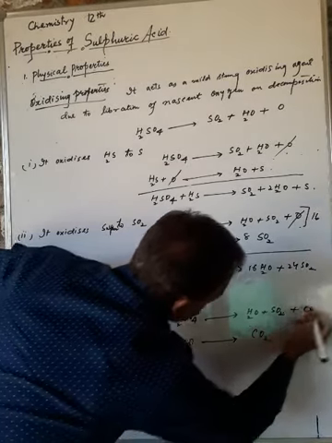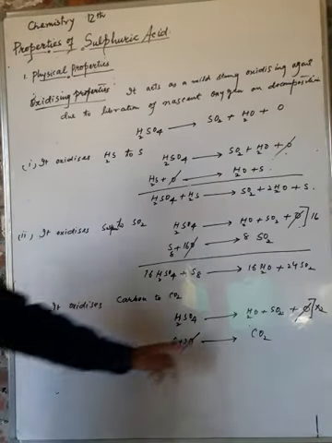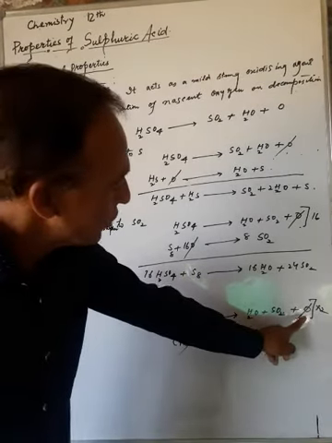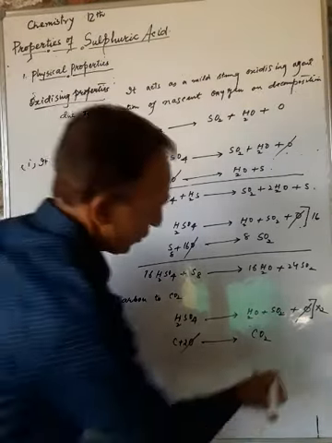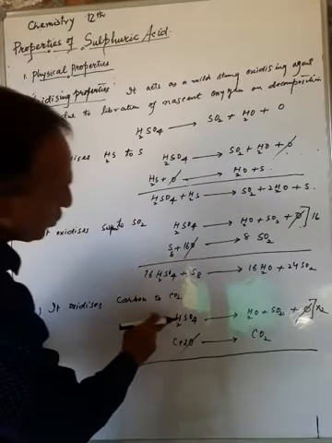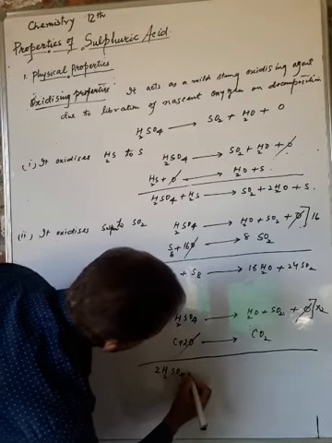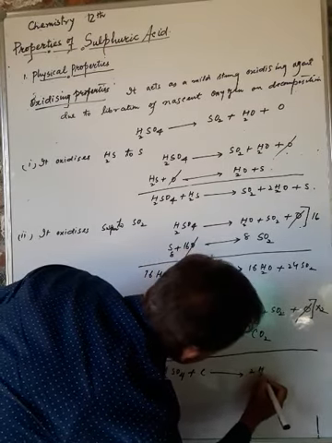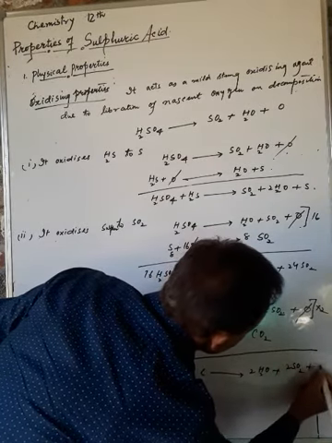We have to multiply the whole reaction by 2 so that 2 nascent oxygens are liberated, which then react with the carbon and form carbon dioxide. Now the overall reaction becomes twice H2SO4 plus carbon gives twice H2O plus twice SO2 plus CO2.